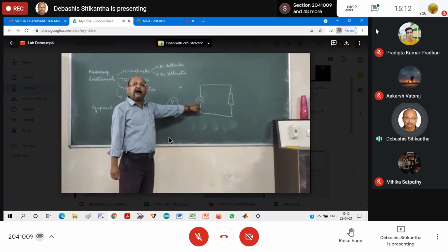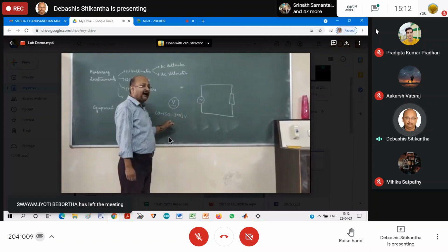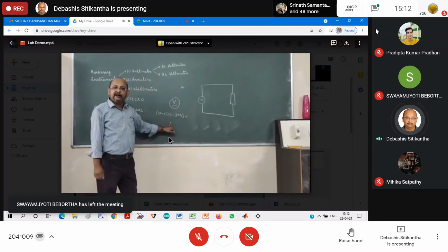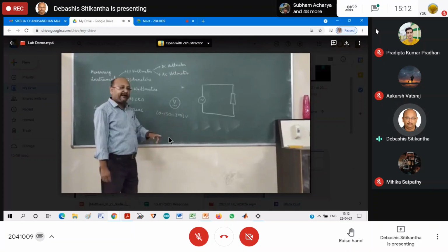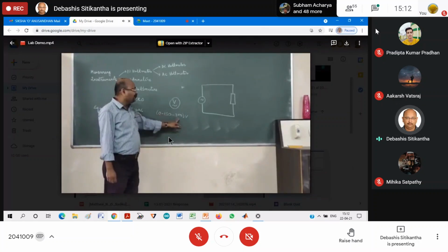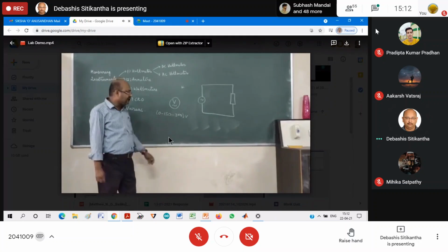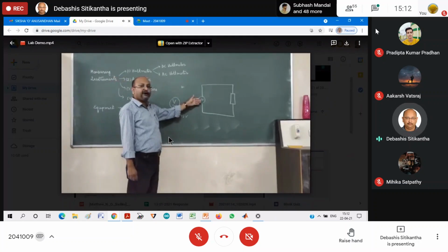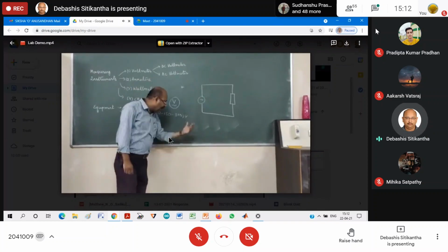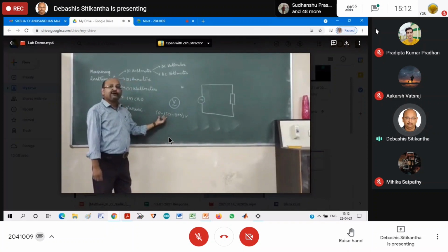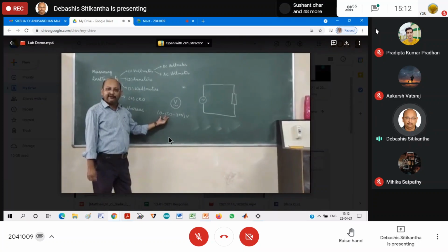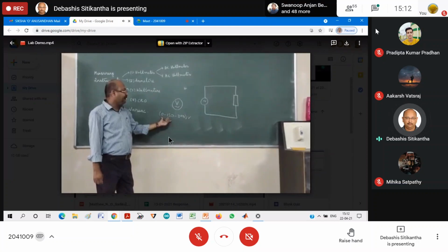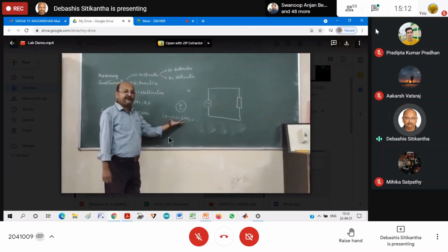So how am I going to connect this and select the range? The best thing is that I should connect the voltmeter from 0 to 300. Because if the voltage produced by this source is more than 150 and I connect it between 0 to 150, then there is a possibility of the voltmeter getting damaged. So it is always advisable to select the highest range.